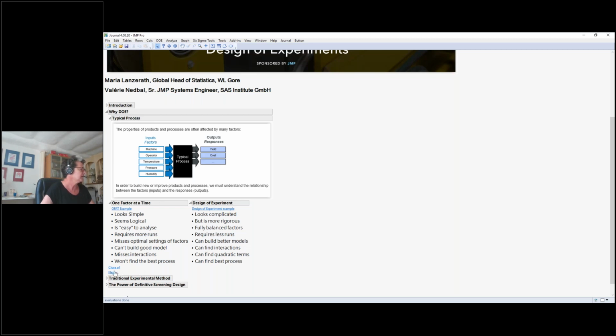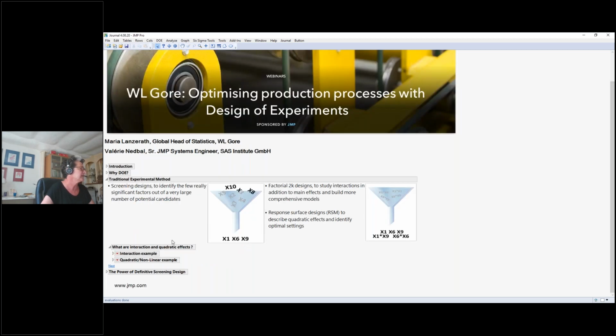So what would be the traditional approach to experimentation is what we call an iterative way of doing design of experiments. First, if you don't know anything about your process, you might first screen your factors by using screening designs to identify the few really significant factors out of a very large number of potential candidates.